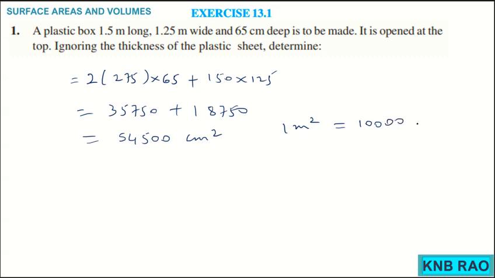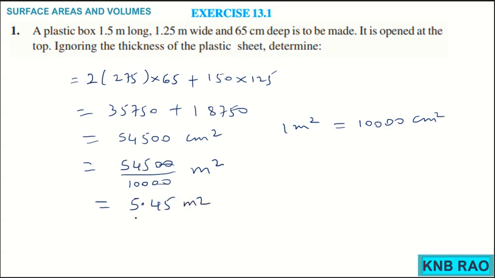You know 1 meter square is 10,000 centimeter square. Now we will convert this into meter square by dividing it by 10,000. So 54,500 divided by 10,000 meter square gives you, after cancellation, 5.45 meter square. This is the area of the plastic sheet that we have used.